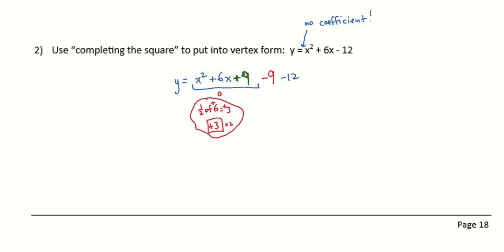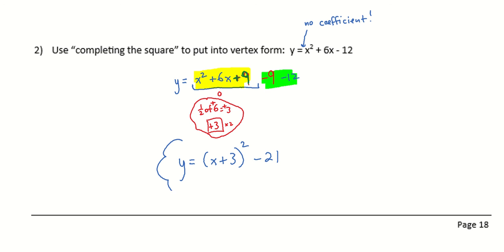But what this allows us to do is to take a look at these first 3 terms and say, oh, okay, that's a perfect square trinomial of x plus 3 squared. And then we take the last numbers that aren't in the perfect square trinomial, and we just simplify those. So negative 9 subtract 12 is minus 21.